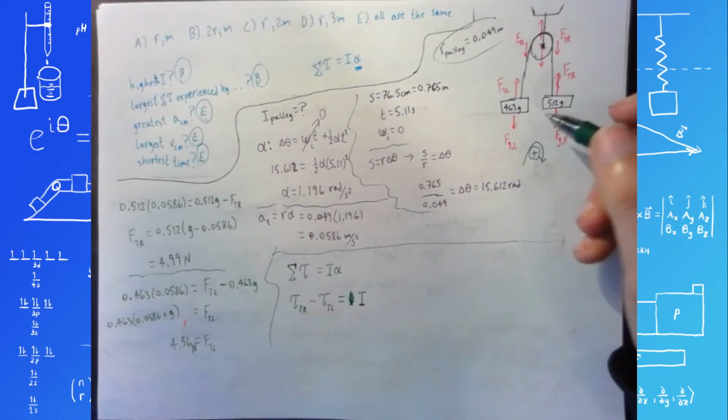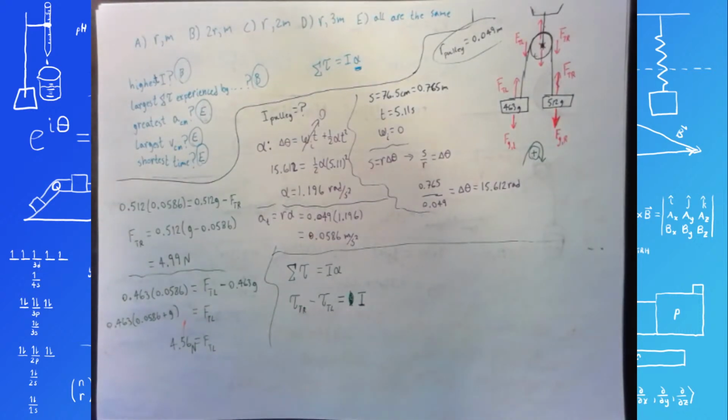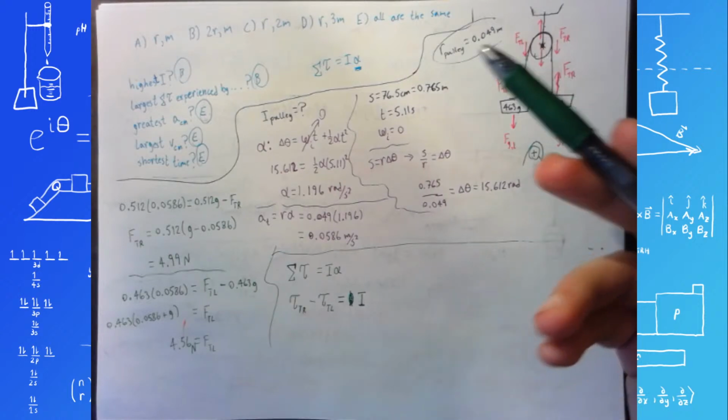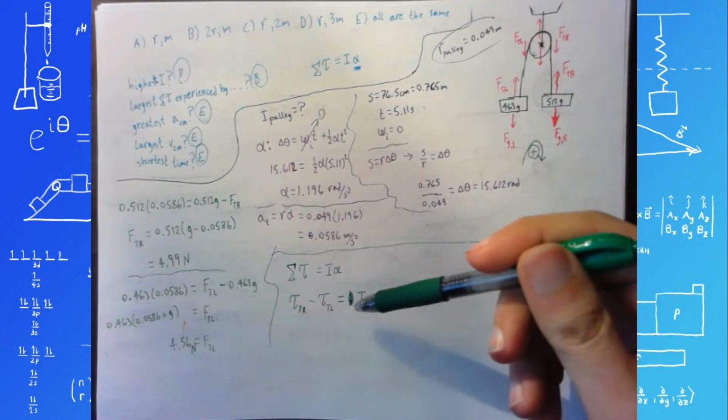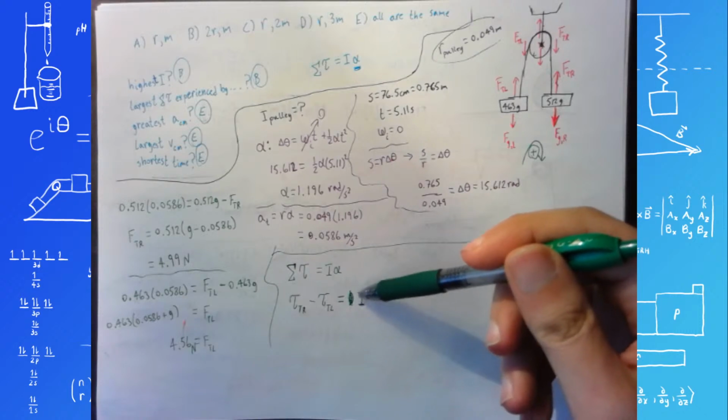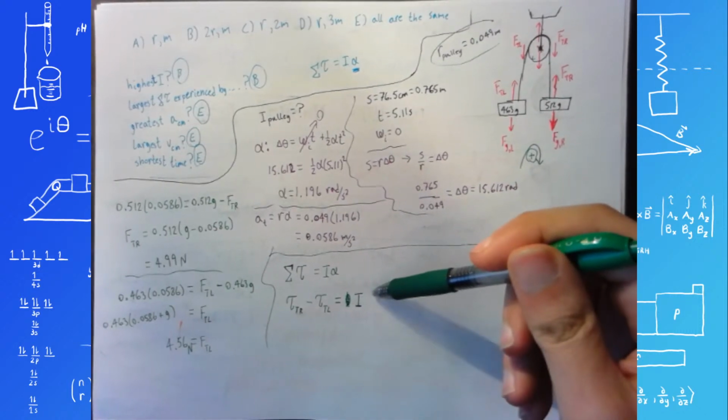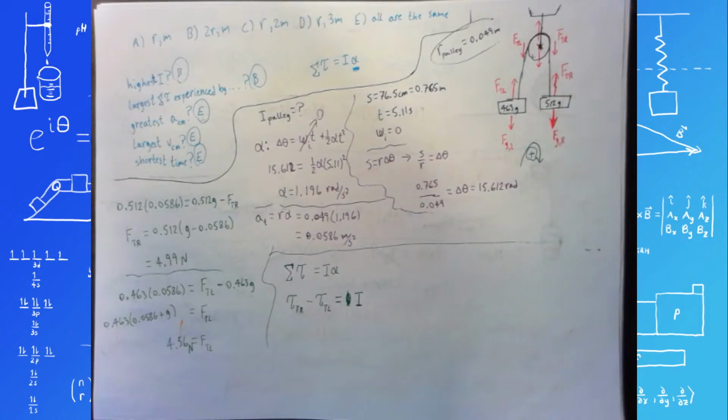If we knew its mass, we could do its mass times r squared and compare that to 1/2 mr squared and see if the I that we get from here is even remotely close to it. And then we could see just how close to being a cylinder it actually was, or if it was just straight up a cylinder. But yeah, we can't do that without knowing the mass.